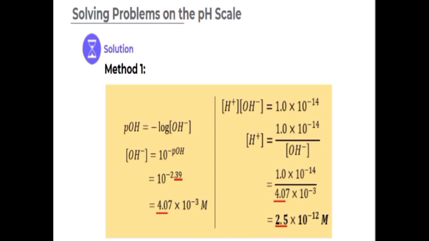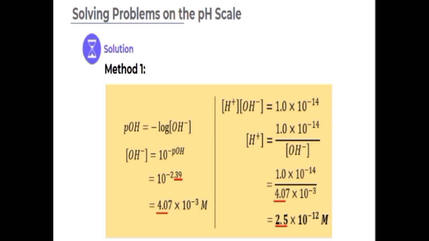Calculate the hydroxide ion concentration from pOH. Hydroxide ion concentration equals 10 raised to the negative pOH. Substitution of the given value yields hydroxide ion concentration equals 4.7 times 10 raised to negative 3 molar.